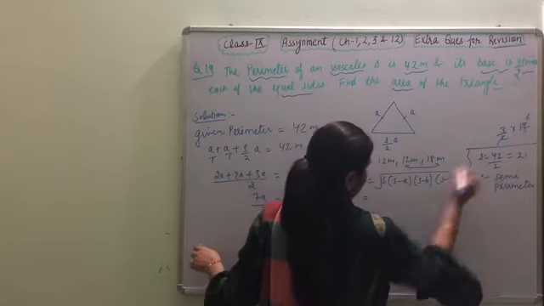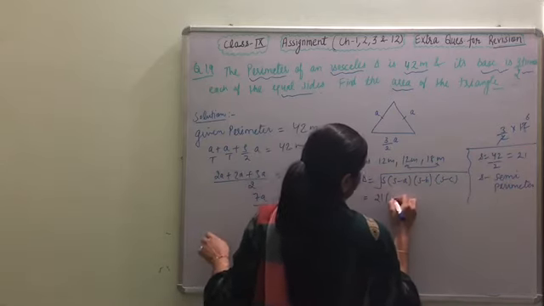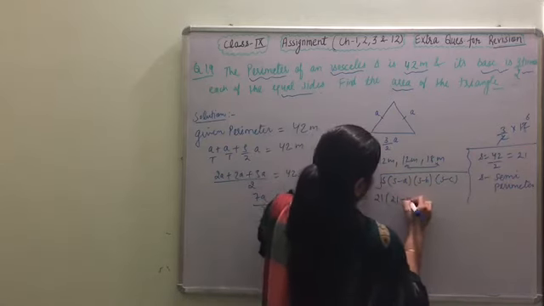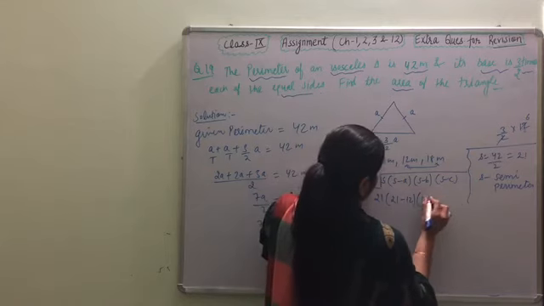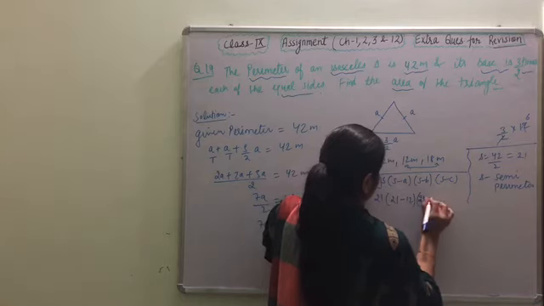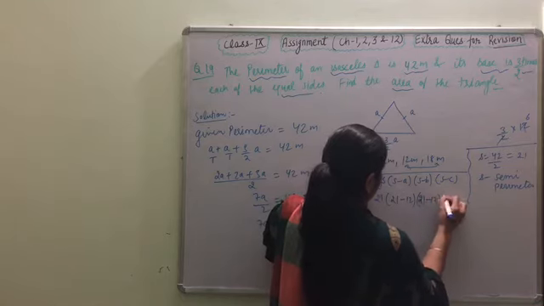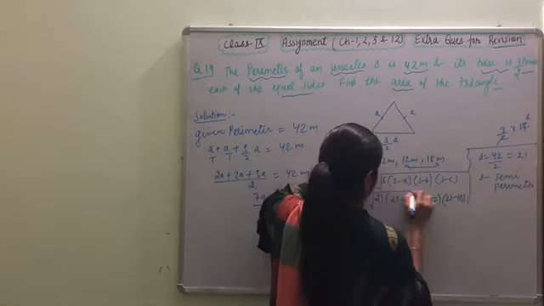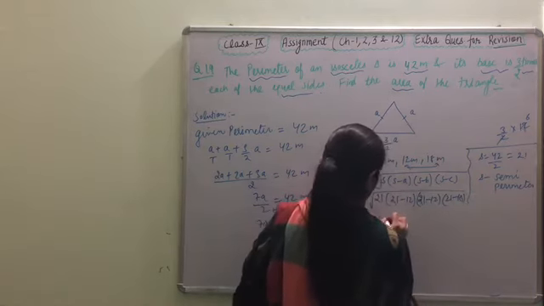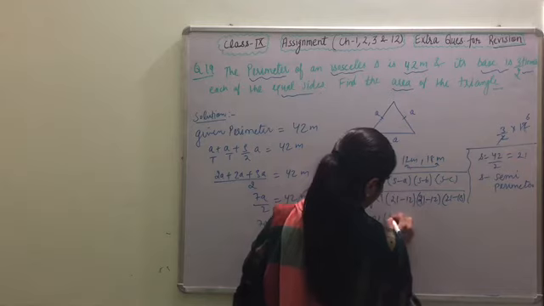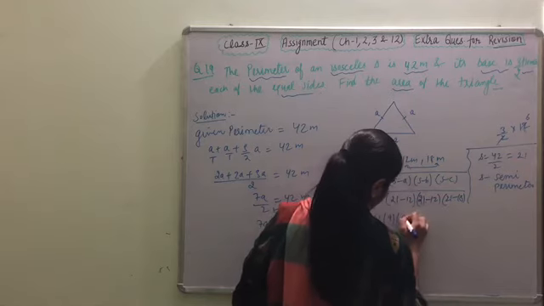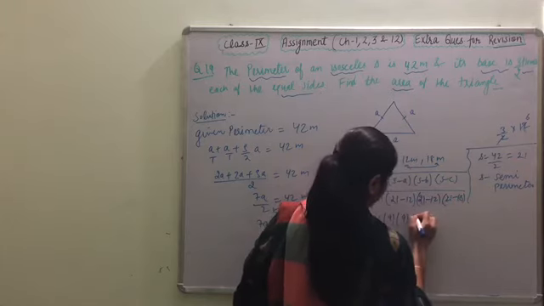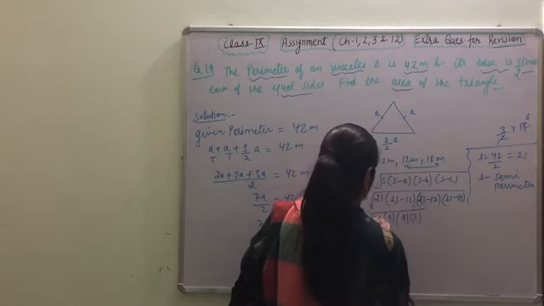So S is 21, we'll substitute the value, 21, 21 minus 12, 21 minus 12, second value, and 21 minus 18 under the root. 21 minus 12 is 9, 21 minus 18 is 3 under the root.